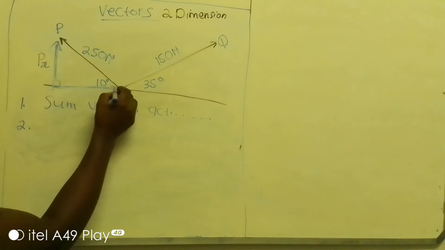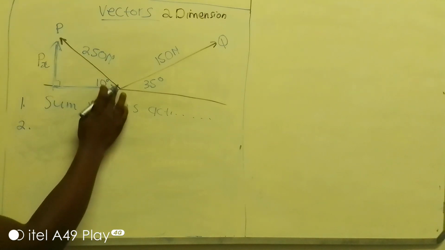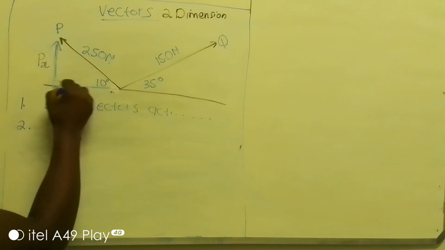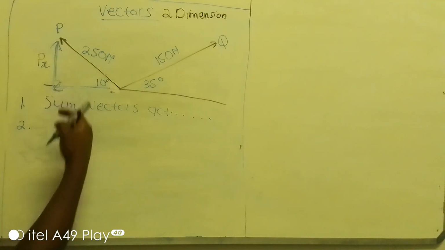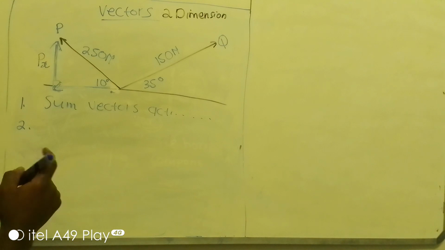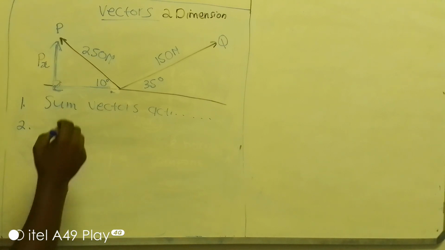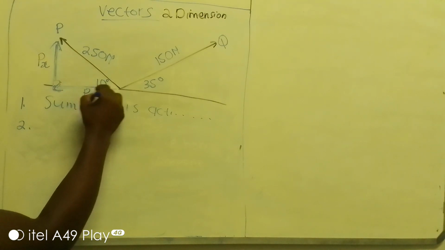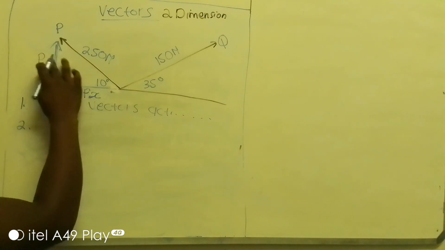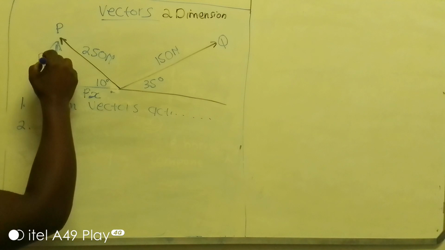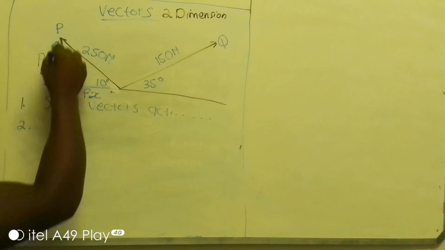Which way does the horizontal one go? It goes in this direction, to the left. How would you know it goes to the left? You will see when we start calculating. We call this side Px. This is P, Px, then Py, so I made a mistake. The vertical side is Py.